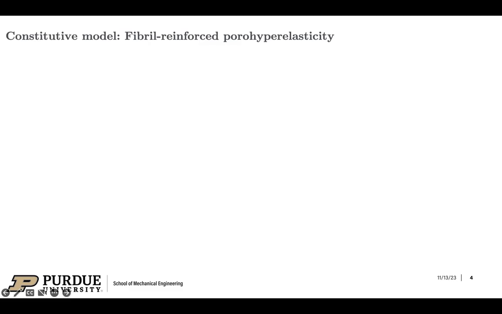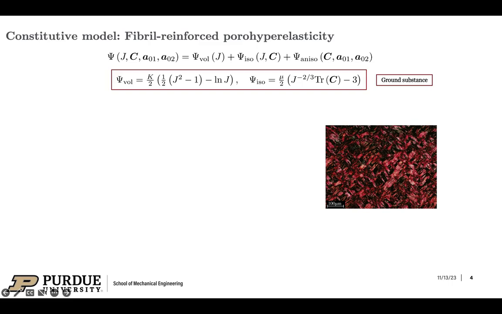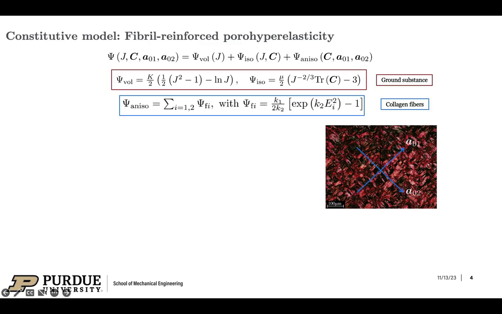As a constitutive theory, we use a fibril reinforced hyperelastic model. The strain energy function of this model can be split into two parts. The isotropic part, which represents the elastic energy stored in the ground substance or non-collagenous soft matrix, and the anisotropic part, which provides the energy stored in the collagen fibers.